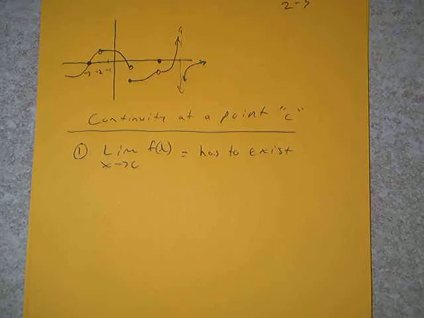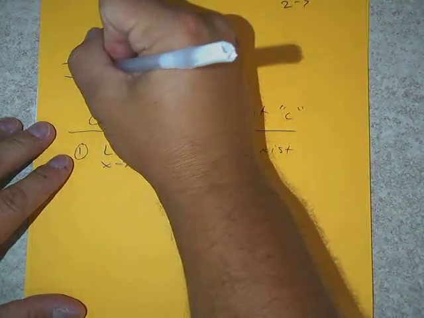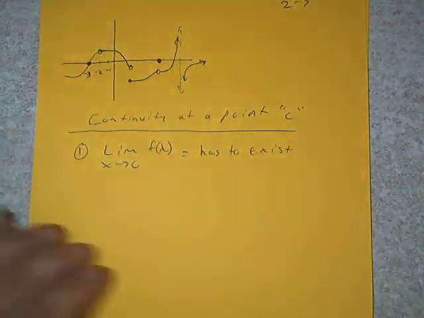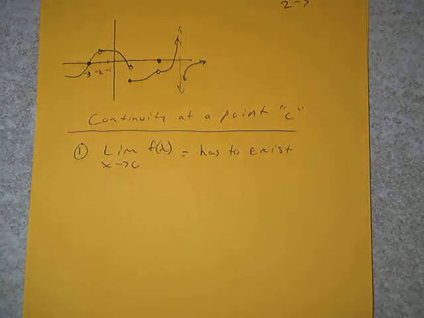So one thing that has to be the case is that the limit has to exist at that point. If you look at that negative 3 point, does it satisfy criterion number 1? Does the limit exist at negative 3? Yes. So far, it's continuous at that point.